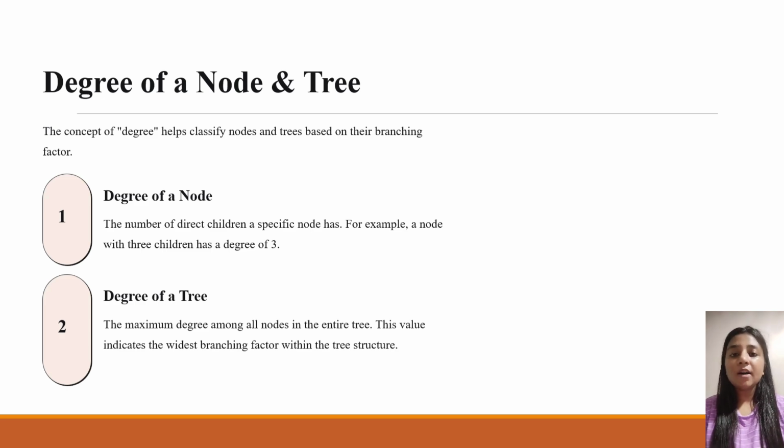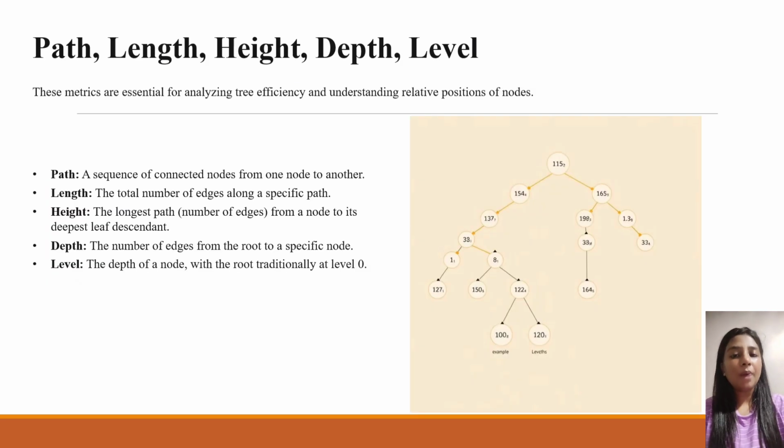Let's go over some key metrics. A path is the way you move from one node to another. Length is the number of edges in that path. Height of a node is the distance to the deepest leaf. Depth is the distance from the root to that node.